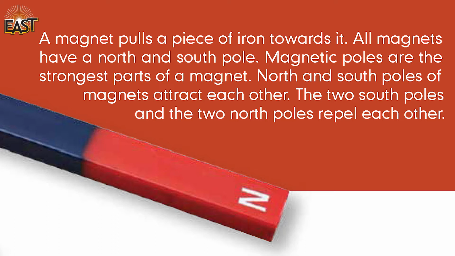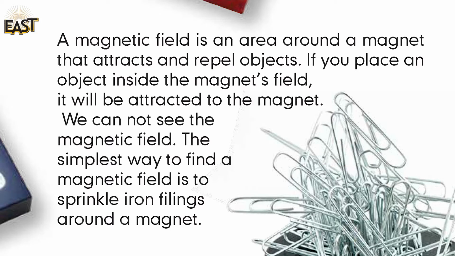North and south poles of magnets attract each other. The two south poles and the two north poles repel each other. A magnetic field is an area around a magnet that attracts and repels objects.